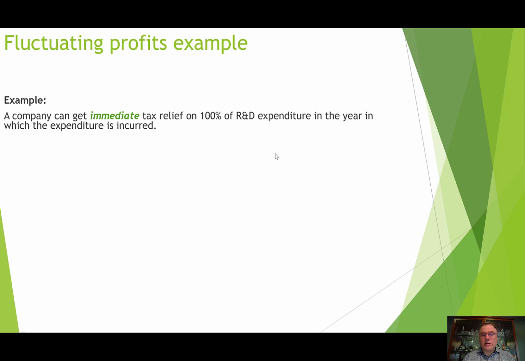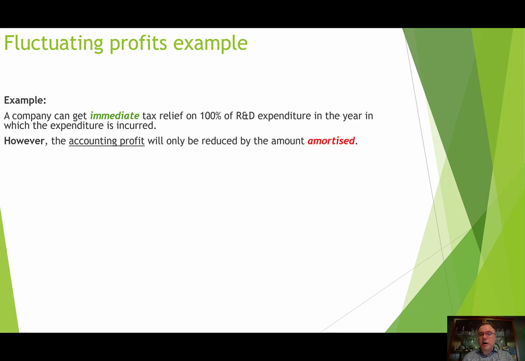As we've seen in previous classes, a company can get 100% immediate relief on R&D expenditure in the year in which the expenditure is incurred, whereas for accounting purposes, the expenditure may be partly capitalised and essentially amortised or depreciated over time. So this is going to lead to a situation where there's a big tax break given at the start, which is then unravelled or reversed over subsequent years.